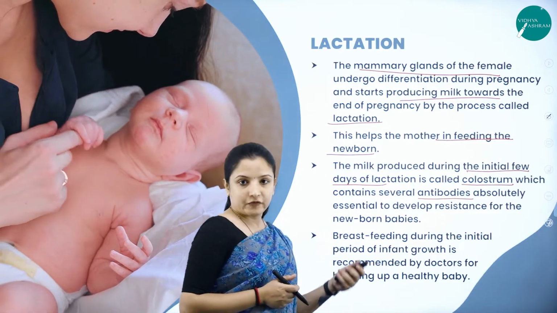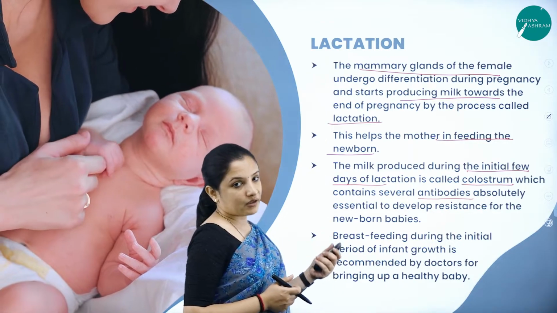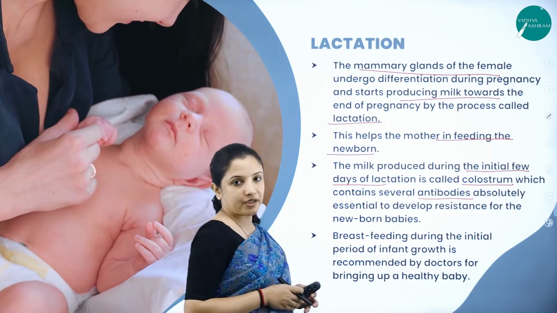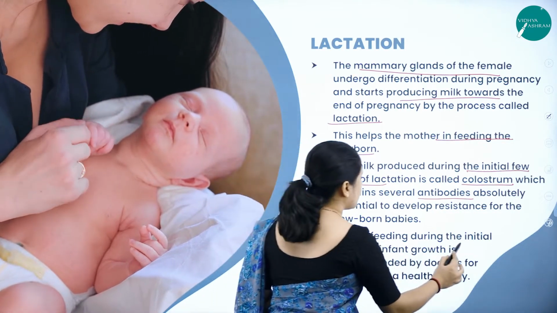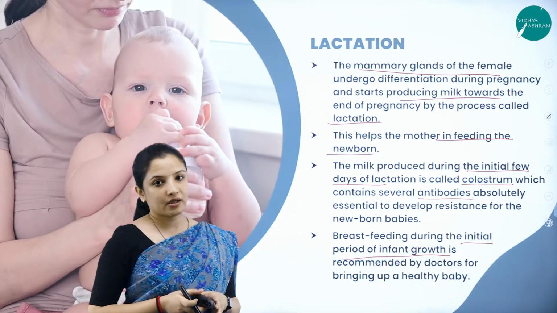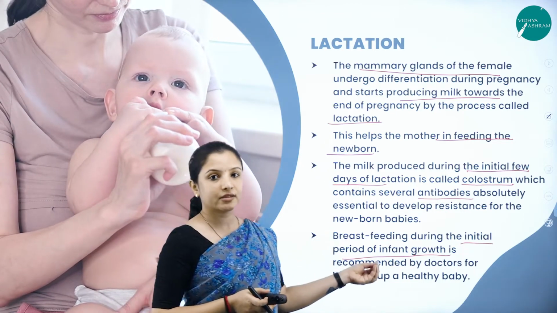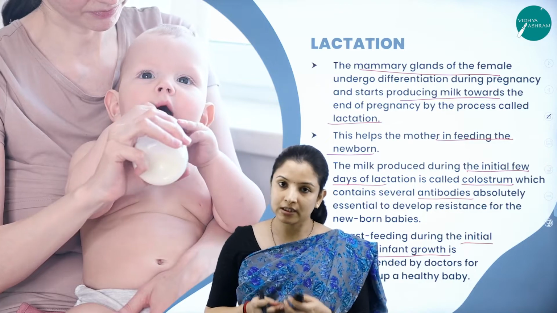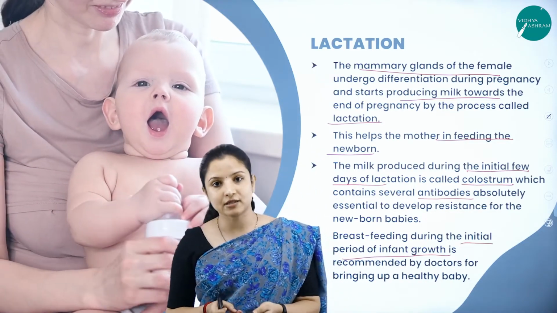So feeding of colostrum to the baby is very important. Breastfeeding during the initial period of infant growth is always recommended by doctors in bringing up a healthy baby, because that milk contains a lot of antibodies. So this is about lactation.